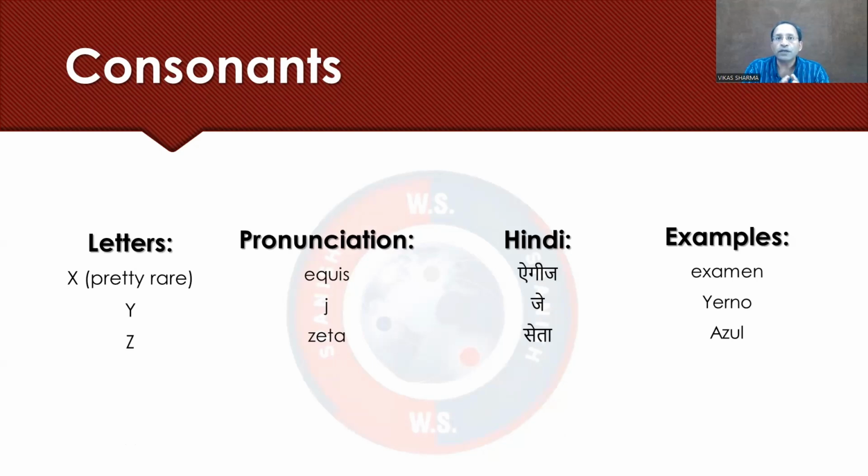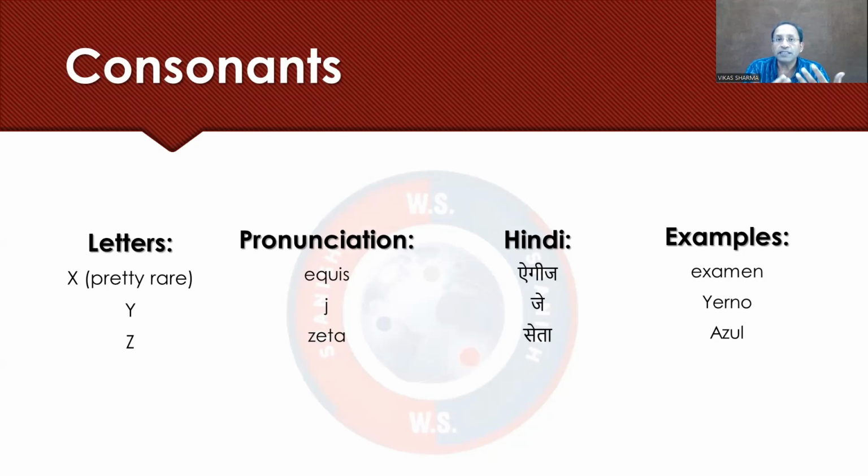So these were the alphabets, the consonants and the vowels in Spanish language. You need to practice them again and again, read them aloud, so that you master the pronunciation of each and every alphabet. In Spanish language, whenever you write a word or you read a word, every alphabet is distinctively spoken.